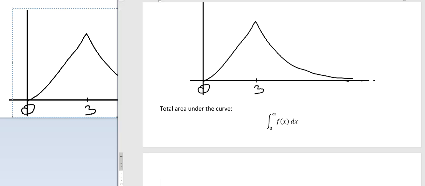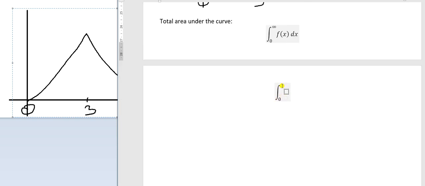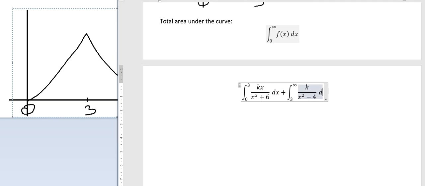And that needs to be broken apart into two separate pieces. That's going to be equivalent to the integral between 0 and 3 of the first part, that's the kx over x squared add 6, and then we're also going to need to add on the integral between 3 and infinity of the other part, k over x squared minus 4.